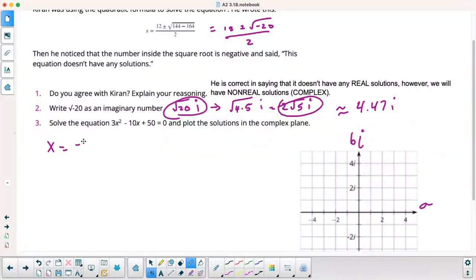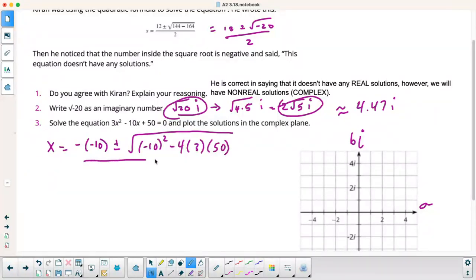X equals negative B plus or minus the square root of B squared minus 4 times A times C all over 2 times A. This is minus 600.